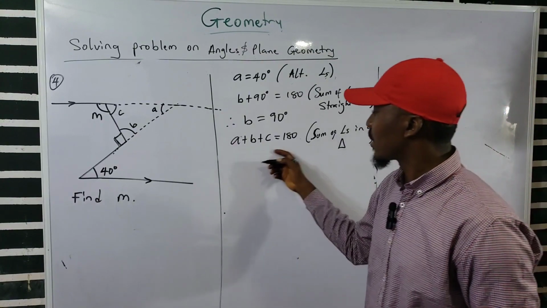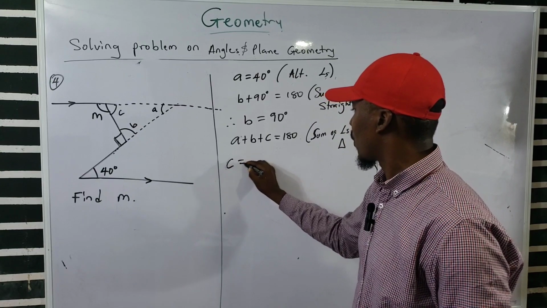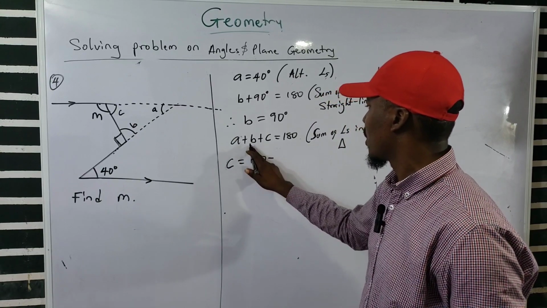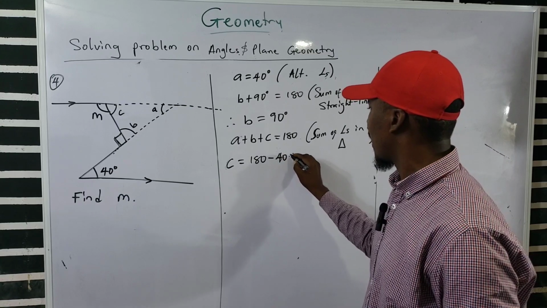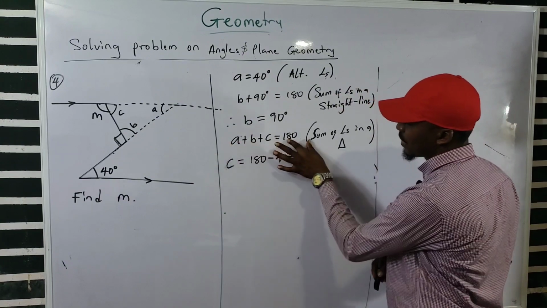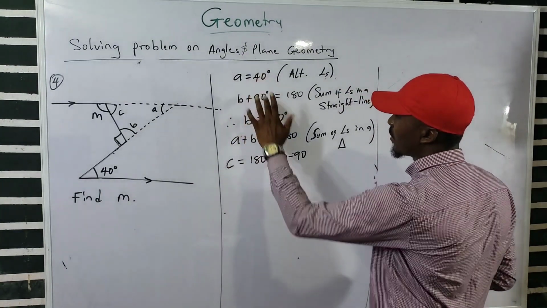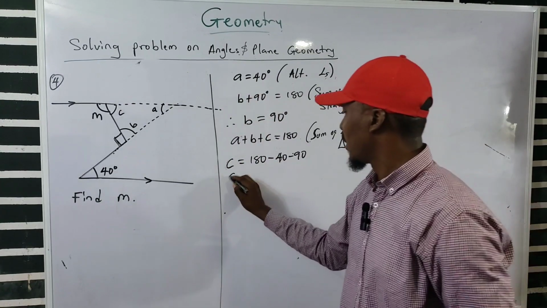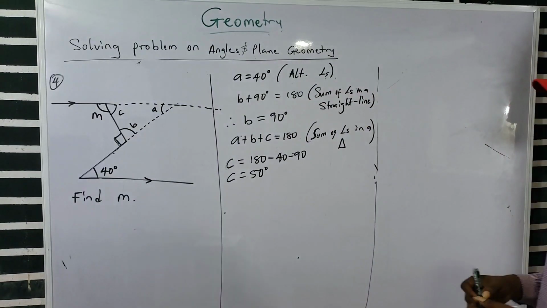So with that now, we can say that C equals 180 minus A, which is 40, minus B, which is 90. What I have done is that I have carried my A and B to this part, so I have replaced A and B with their values. So that will give us that C equals 50.